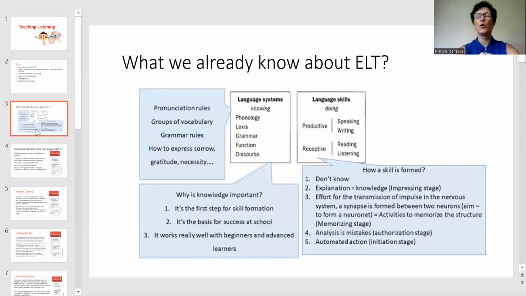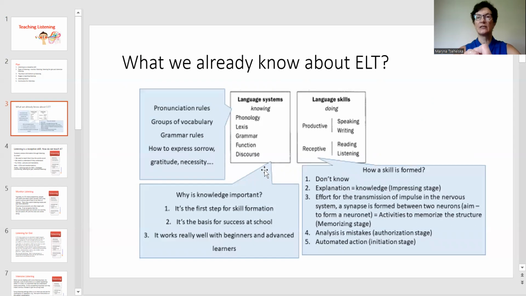Let's start with the scheme provided by Scrivener in his book Learning Teaching. You remember that we teach language systems and we teach language skills. Language systems is what we know about a language, and language skill is what we can do with the language.